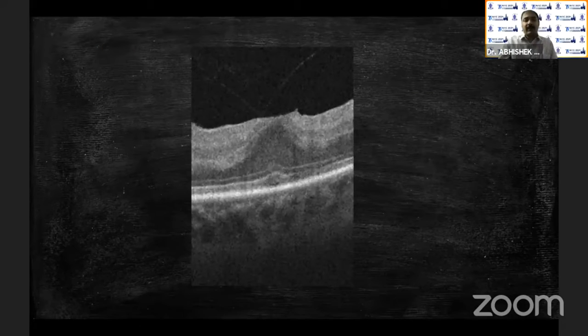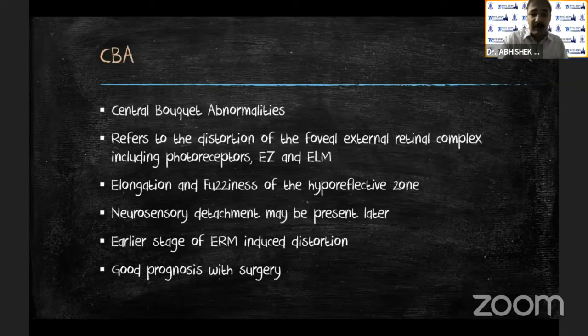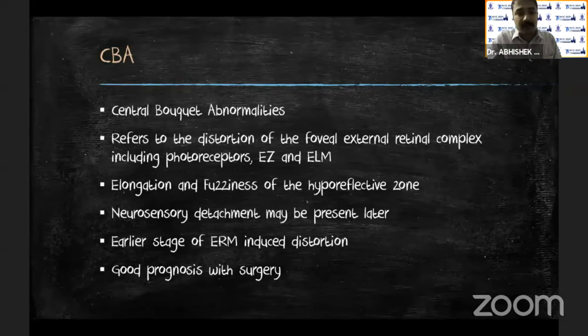Now, if you look at the outer retina here, what do you see? There is fuzziness of the ellipsoid zone and elongated photoreceptors. This is what is referred to as the ABC, that is CBA, central bouquet abnormalities. It refers to the distortion of the foveal external retinal complex, including photoreceptors, EZ and the ELM.